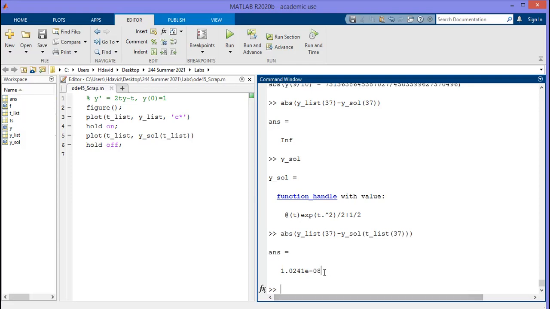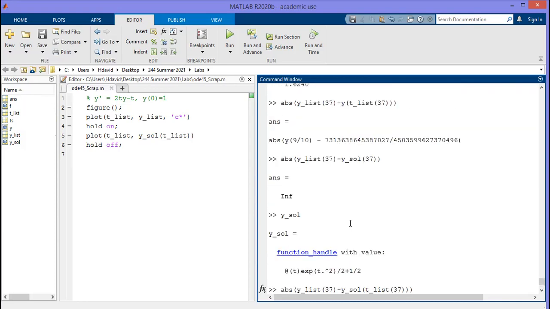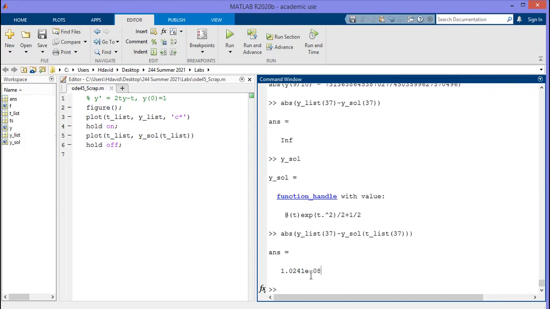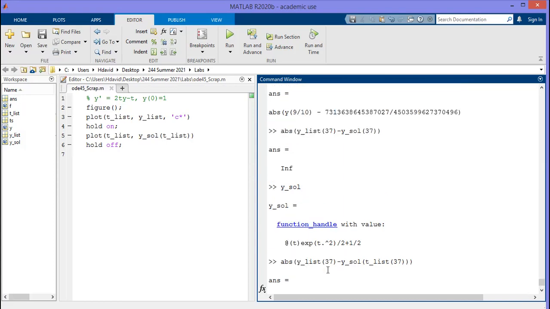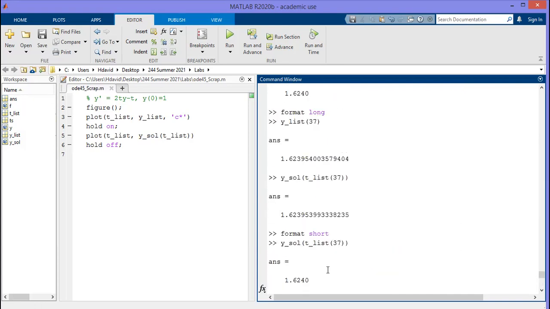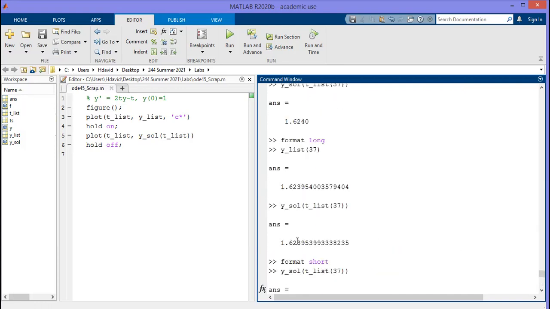Okay, and here is the error that we got. This is the error, the 37th entry. So it says about 10 to the, sorry, I'm just having trouble wording it. If you have this number here, that's 8 powers. So let's look at the numbers again.